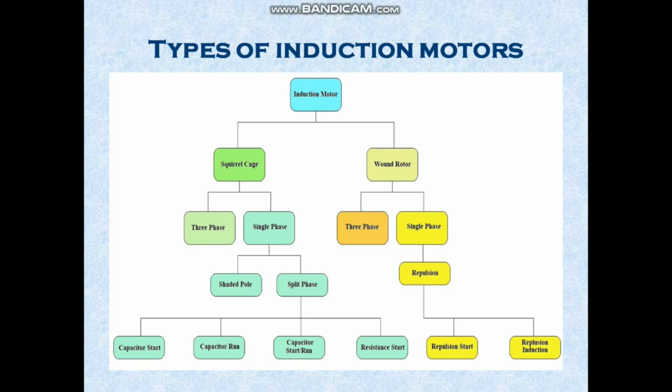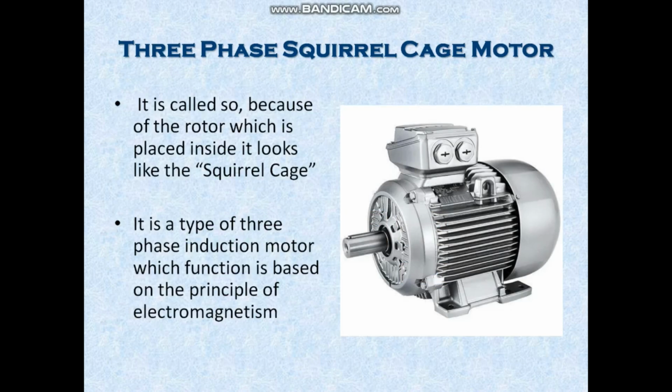The capacitor start, capacitor run, capacitor start and run, and resistance start are the various subvariants of the split-phase squirrel cage induction motors. In this video, we will discuss in detail the various types of squirrel cage induction motors alone.